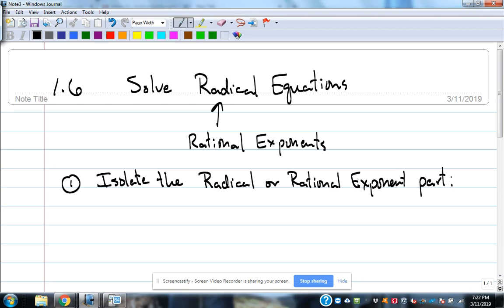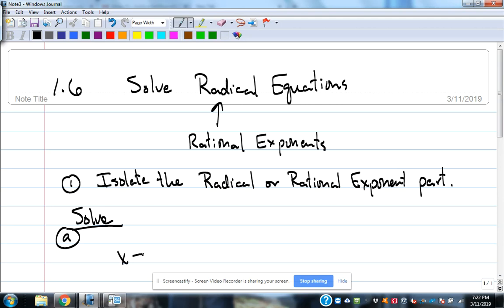That doesn't necessarily mean it's going to be the only part that has a variable. That's what we're going to run into here, there's going to be some variables outside of the radical. We've got to get the radical or the rational exponent part by itself. That's what we're trying to isolate here. So when we're looking at a problem, we're going to say, okay, this is the part I got to get by itself. So if it's not in this part, we're going to move it.